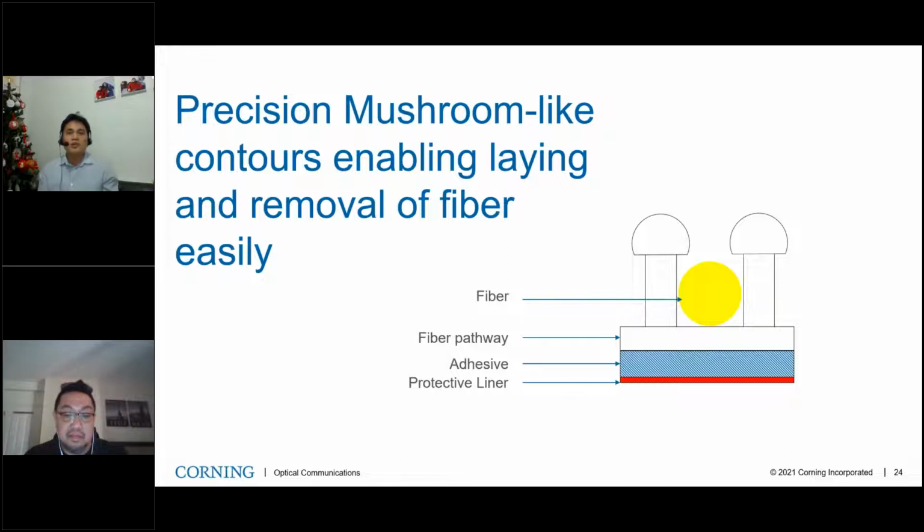Through diffuse reflection, the contours of these features create the pathway's low visual profile, while their precise pitch holds the fiber in place. From the illustration below, you can see the cross-section of the pathway: at the bottom is the red tape liner, then the adhesive layer, and on the top the two mushroom-like features which hold the fiber in place, not too tight and not too loose, just enough to keep the fiber in position.